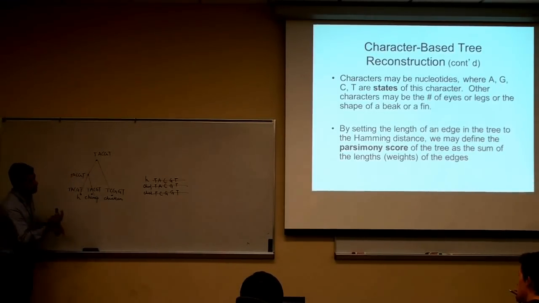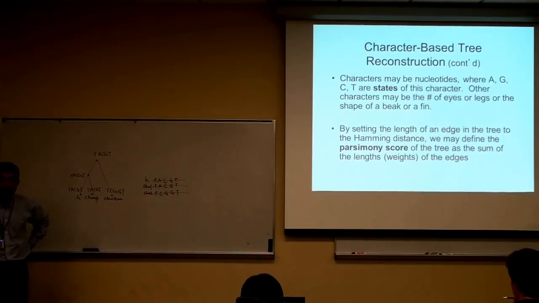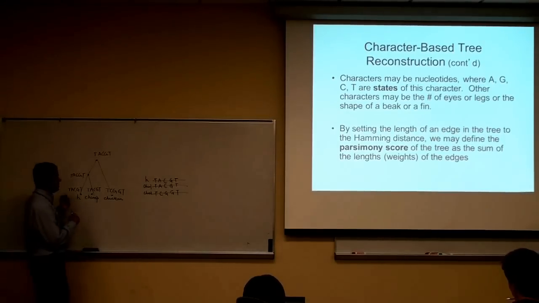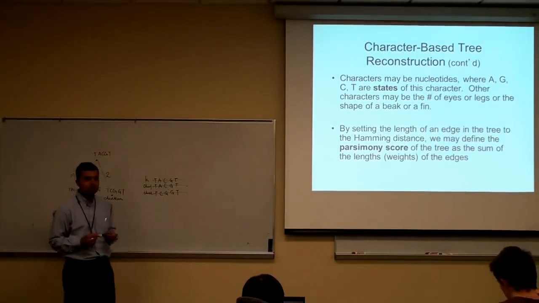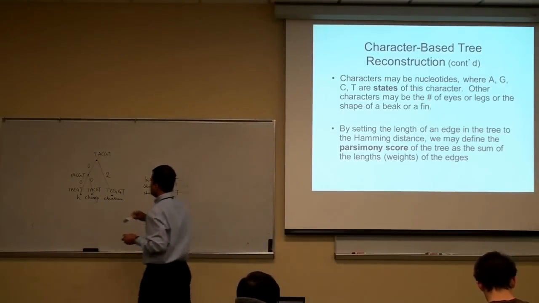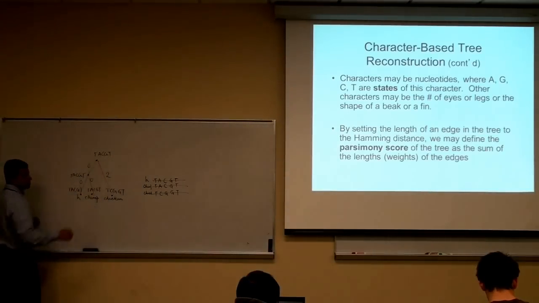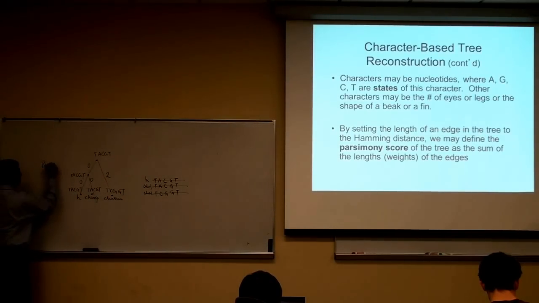The number of mutations is also called the Hamming distance between those sequences. Remember, there's no gaps allowed. So this is the Hamming distance. And so you note down the Hamming distance on every edge. And the sum of these Hamming distances is defined as the parsimony score.